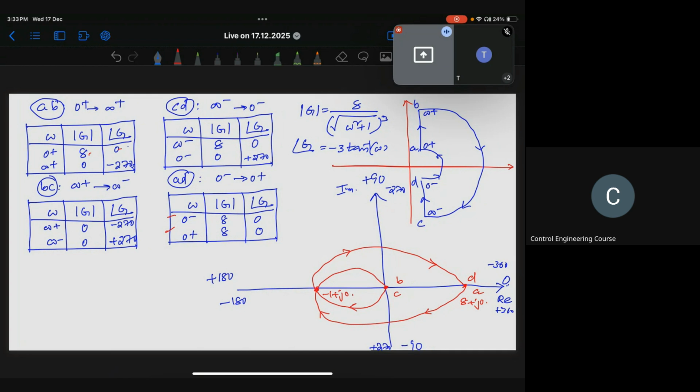Okay, so this is the Nyquist plot. If you wanted to see how many times the encirclements happen, that also you can observe. Is there any doubt in this plot? Plotting the Nyquist plot, any query or doubt?